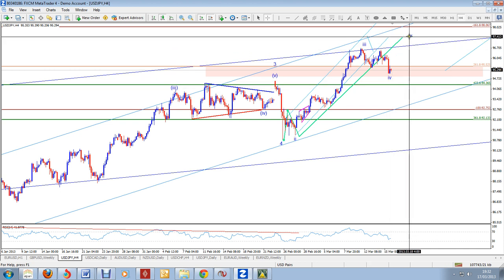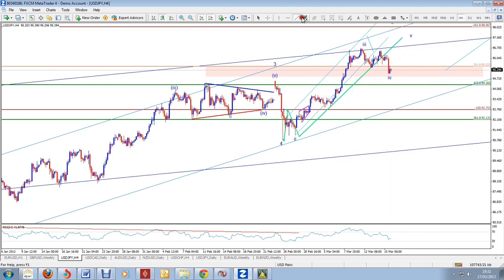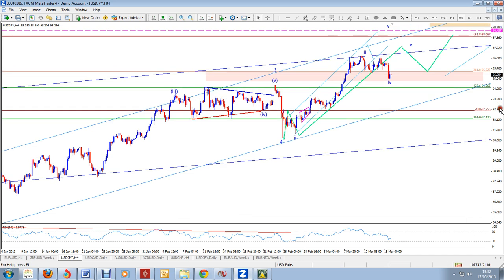So that's where wave 3 will finish. We'll get a pullback, and then we'll have another final leg to the upside. So I think on that basis we will be so close to 100.